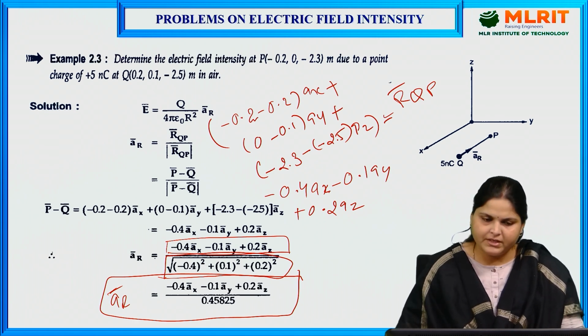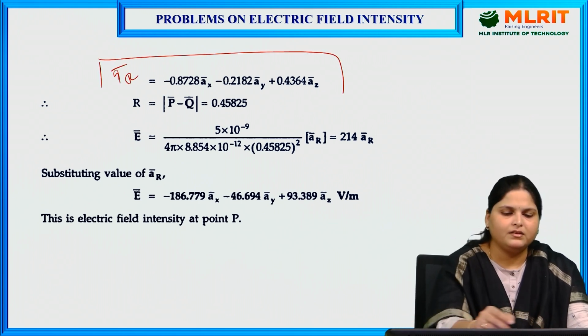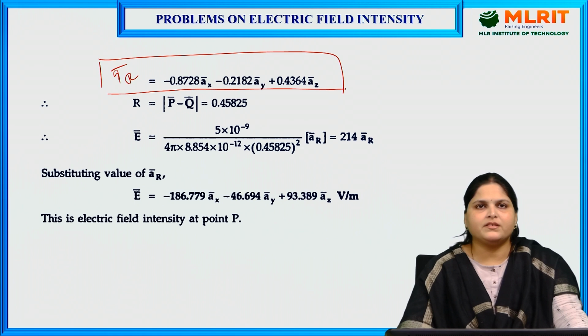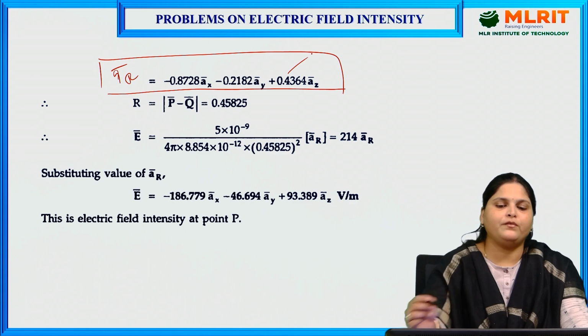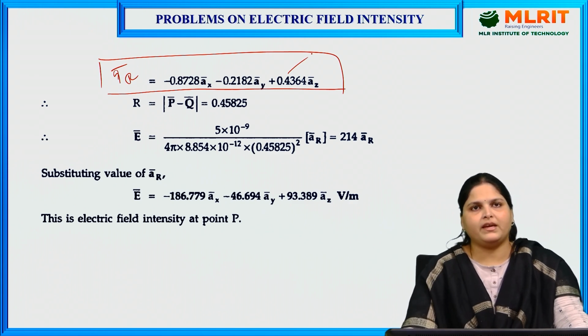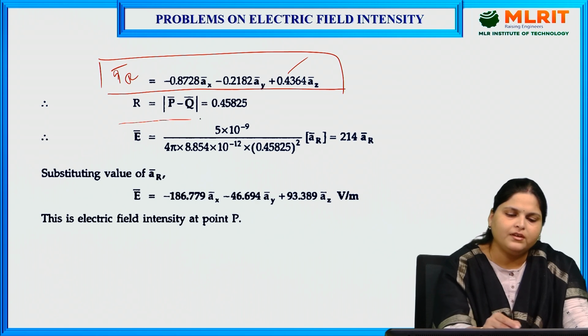We can further solve it and we can get AR like this: -0.8728 AX - 0.2182 AY + 0.4364 AZ, right?